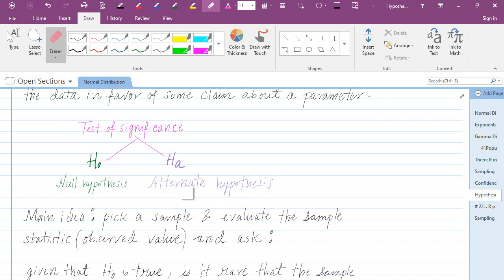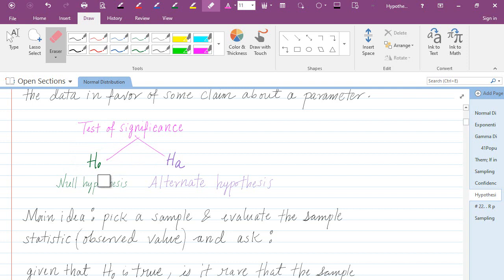So for example, let's say somebody claims that over the last 20 years, the height of BGSU students increased, and the mean height of BGSU students is now, let's say, 6 feet. And let's say that 20 years ago, the mean height was 5.7 feet.